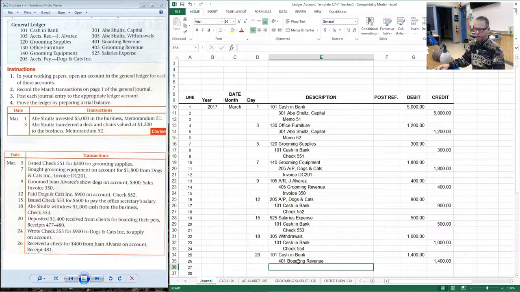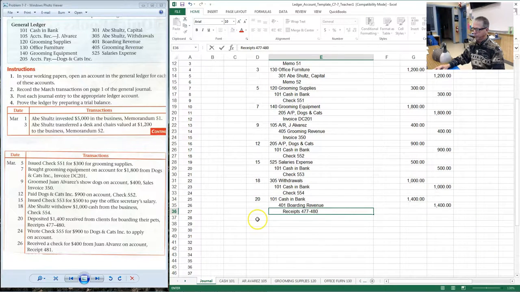And our source document is a bunch of receipts here. $477 through $480. These are receipts that we would have written when the customer came in and paid us. The receipt would show proof of receiving that payment.